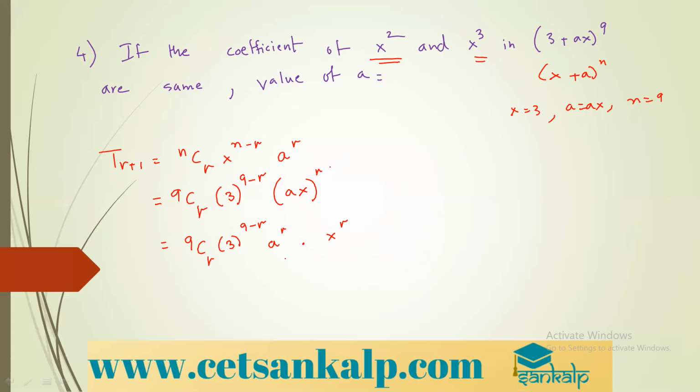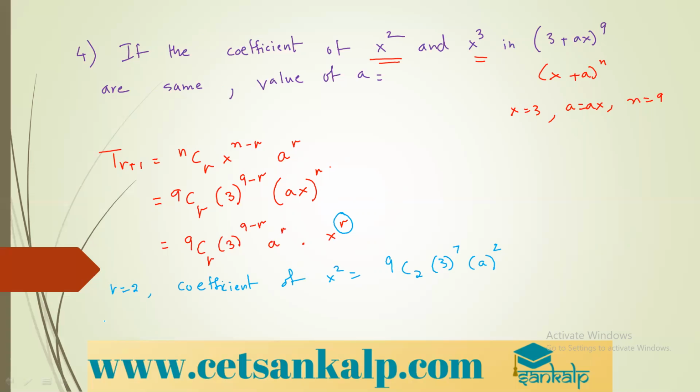X power r I will write separately. Now, if I want the coefficient of x square, r I will put 2, so that I will get the coefficient of x square as 9C2, 3 power 9 minus 2, that is 7, and a power 2 because r is 2.